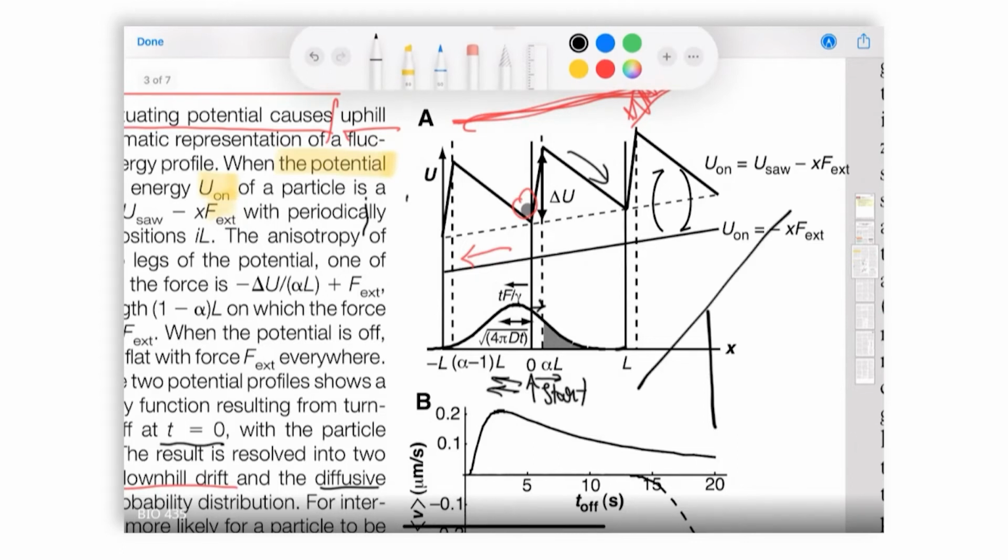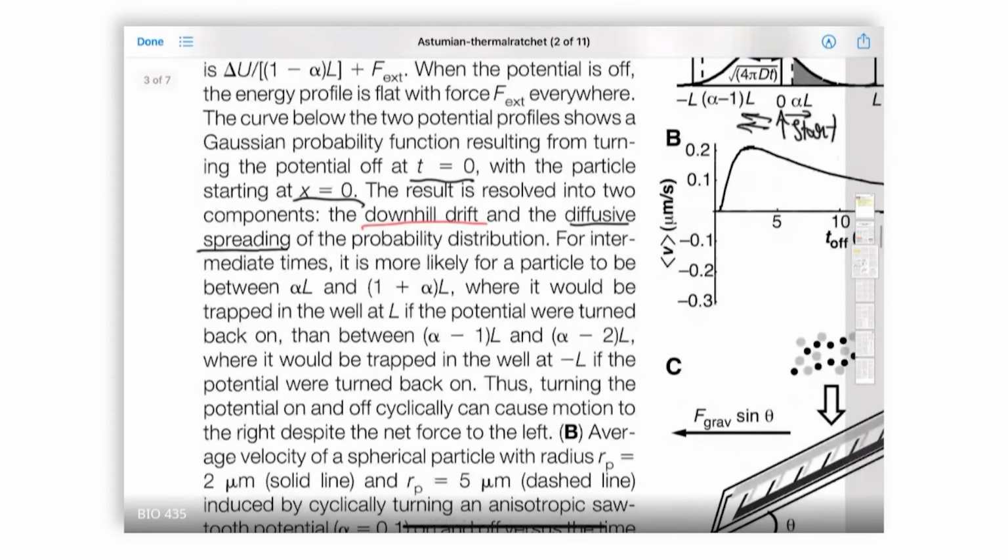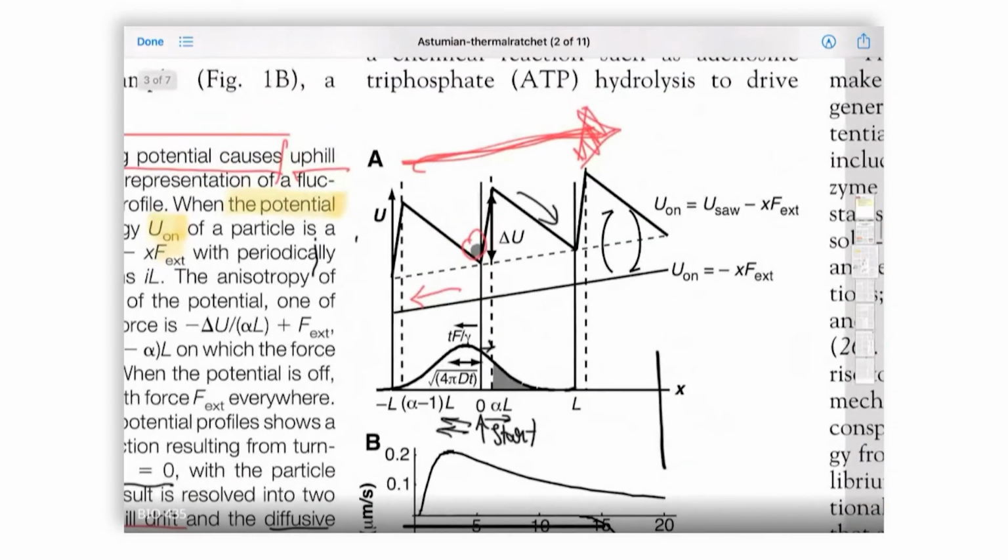So why are they even claiming this? Because they claim that it would be trapped in the well at L if the potential were turned back on. The idea is that because of this on and off state, you can freeze the diffusive state temporarily and force things to fall into the nearest potential minimum.